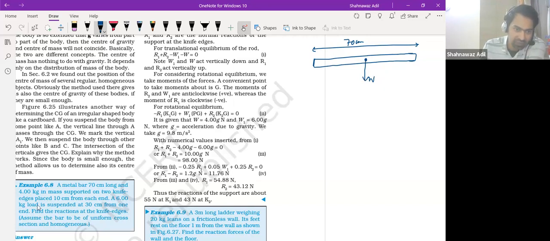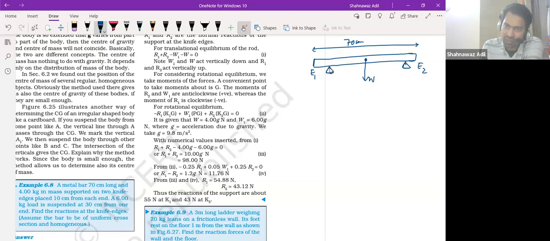And the bar is supported on two knife edges, placed 10 centimeter from each end. So this is one end, this is the second end. 10 centimeter from this end there is a knife edge, and 10 centimeter from here there is another knife edge.